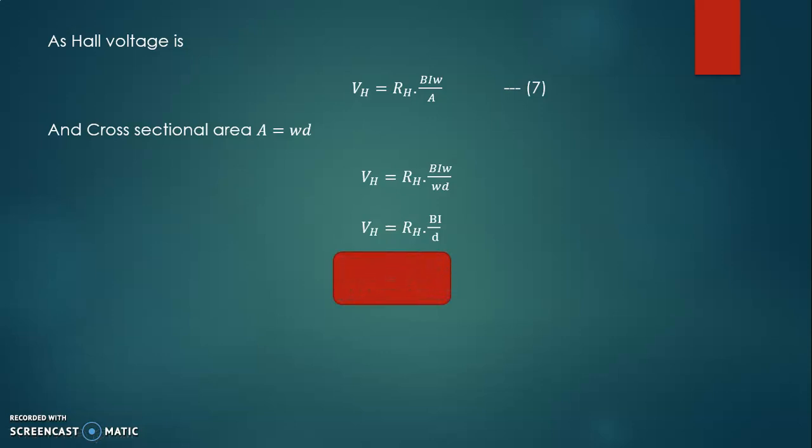So we get R suffix H is equal to V suffix H into D upon B I. This equation is known as the Hall coefficient.